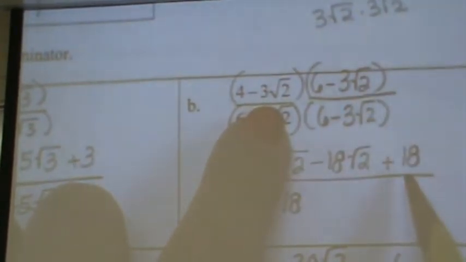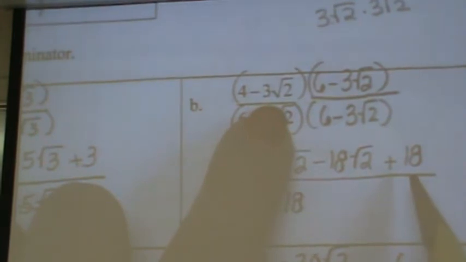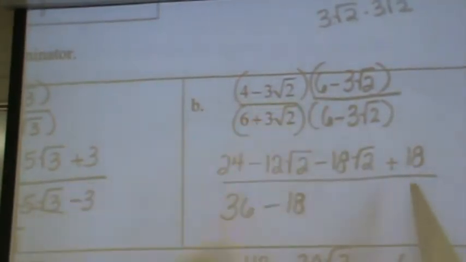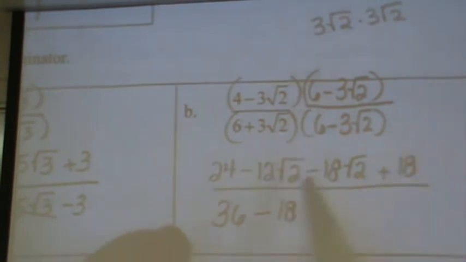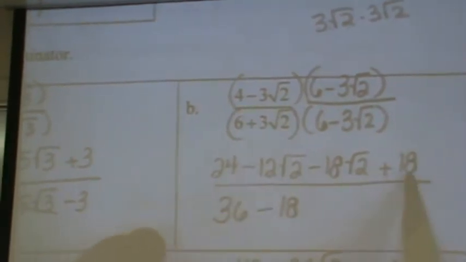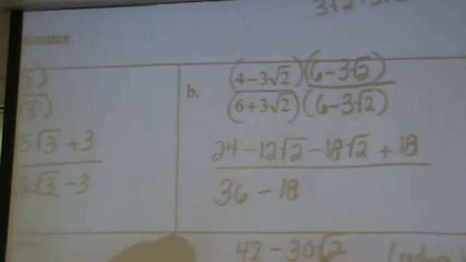Well, 3 times 3 is 9, times 2 is 18, that's right. So 24 and 18, I've got 42, and these two are negative 30 root 2.